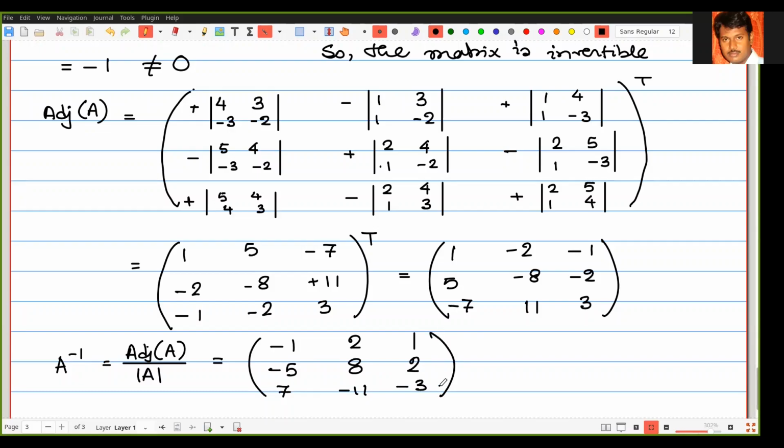And that one is the inverse of the matrix A.